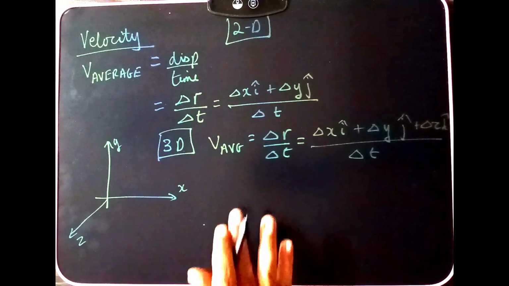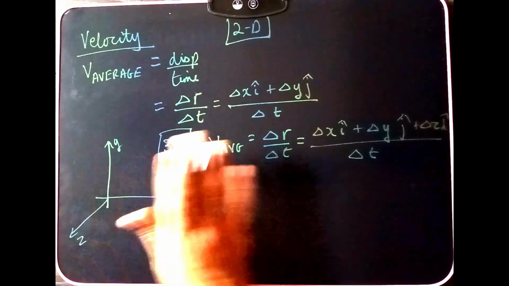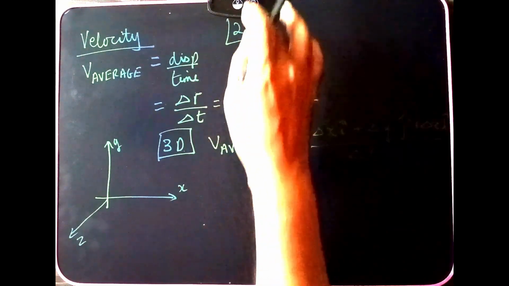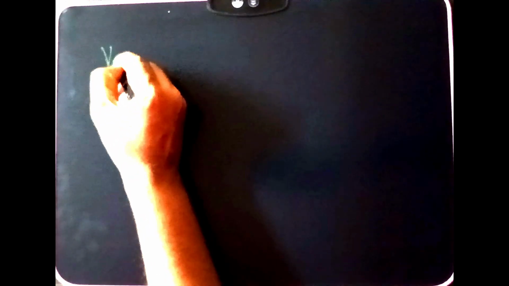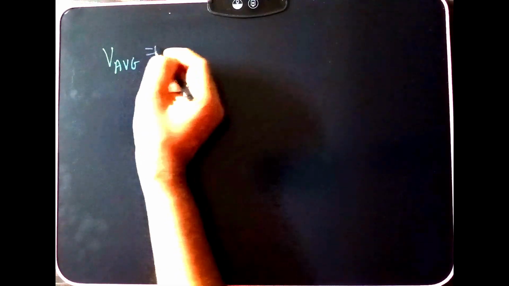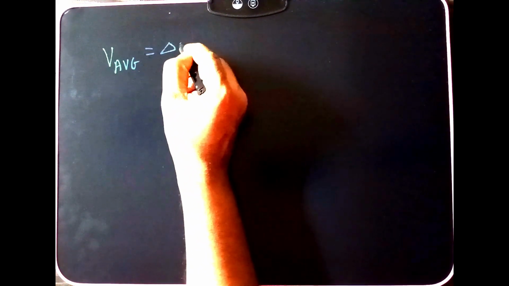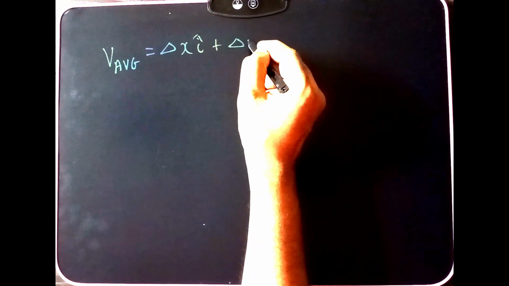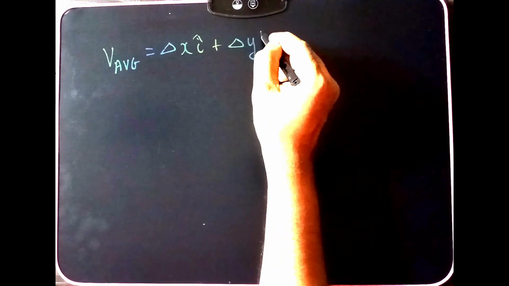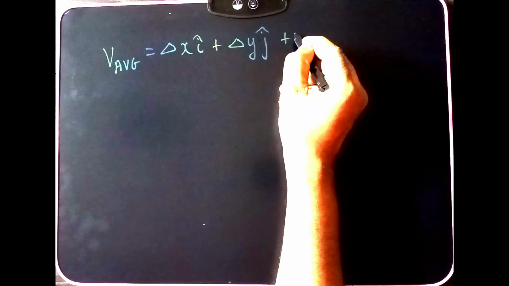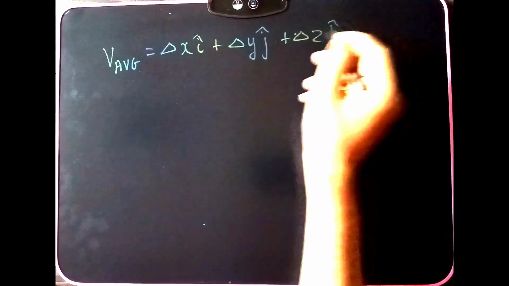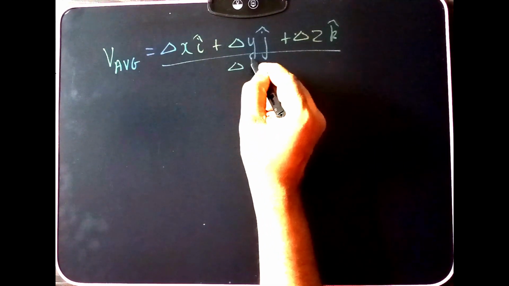So now we can represent average velocity. Let me take a clean slate. If you have noted down this, let us take a clean slate now. Average velocity, V average, is given by delta x i cap plus delta y j cap plus delta z k cap divided by delta t.